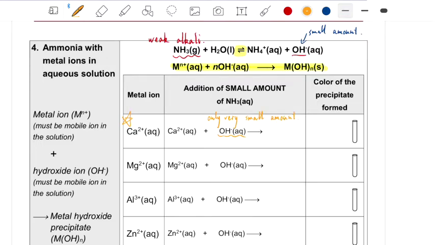So it only forms a small amount of calcium hydroxide, and we know calcium hydroxide is slightly soluble in water. So we actually consider there's no reaction here. Okay, so no precipitate is formed. So we don't write the equation, we don't write the product here.